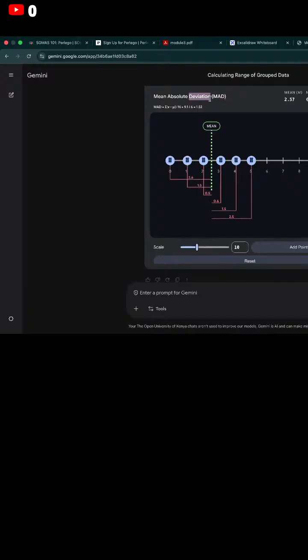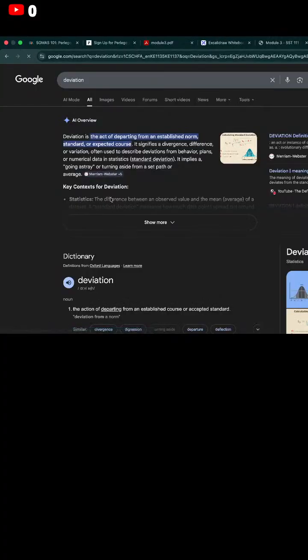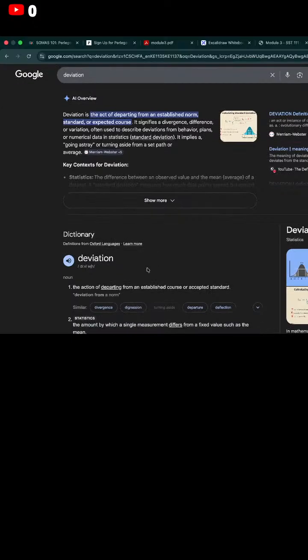Maybe the word deviation is killing me. Let's Google it and see. Deviation, we are told, is the act of departing from an established norm, standard, and expected way.